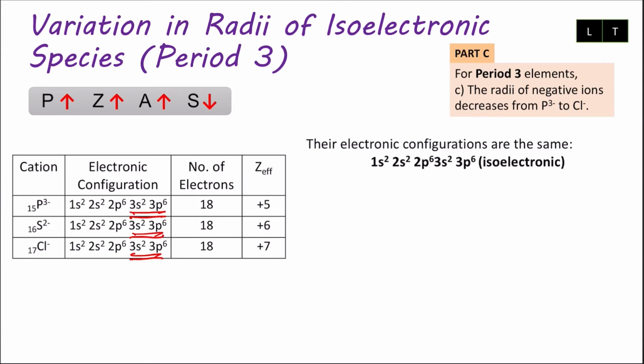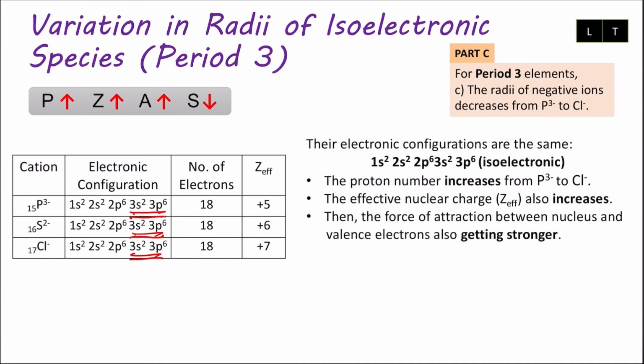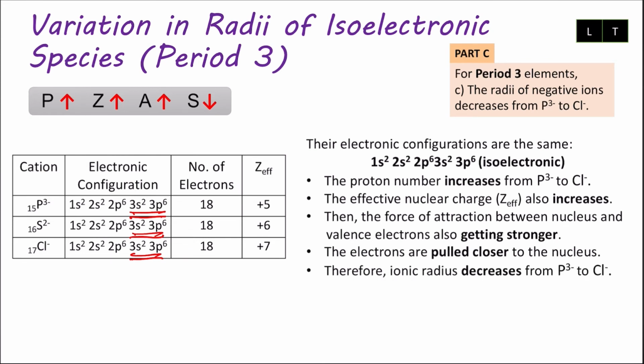The next point, we talk about proton number increasing from P3- with 15 protons until Cl- with 17 protons. So ZEF also increases. The nucleus attraction to the valence electron gets stronger. Electrons are pulled closer to the nucleus. Hence, ionic radius decreases from P3- to Cl-.